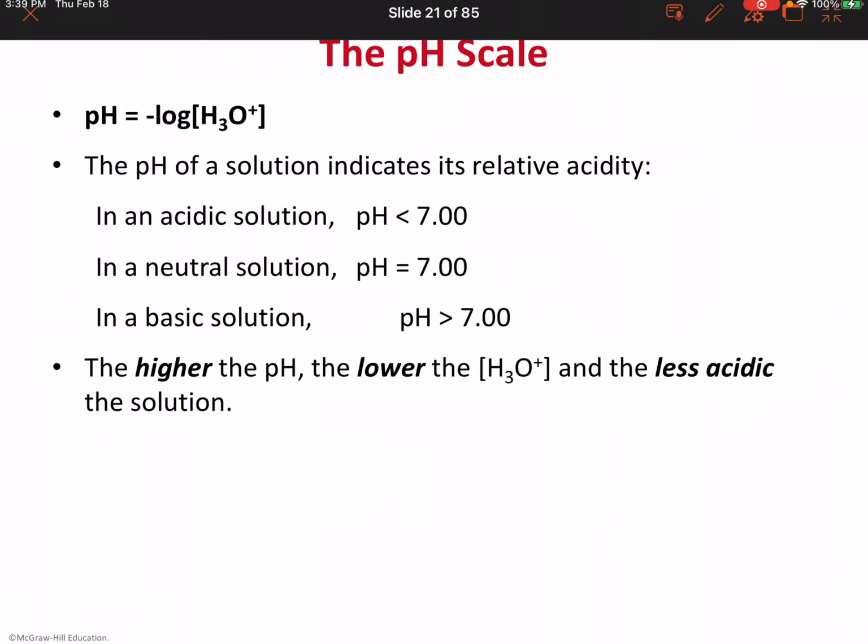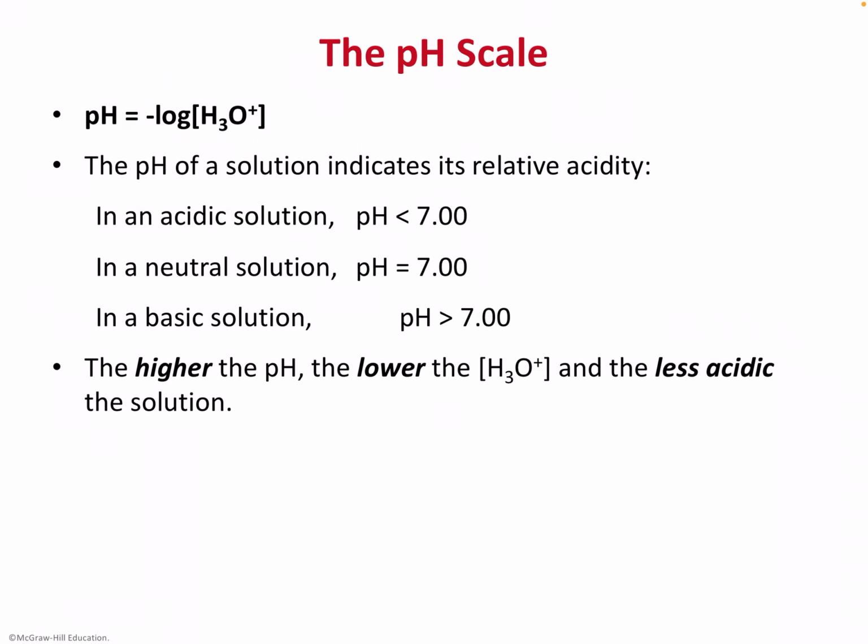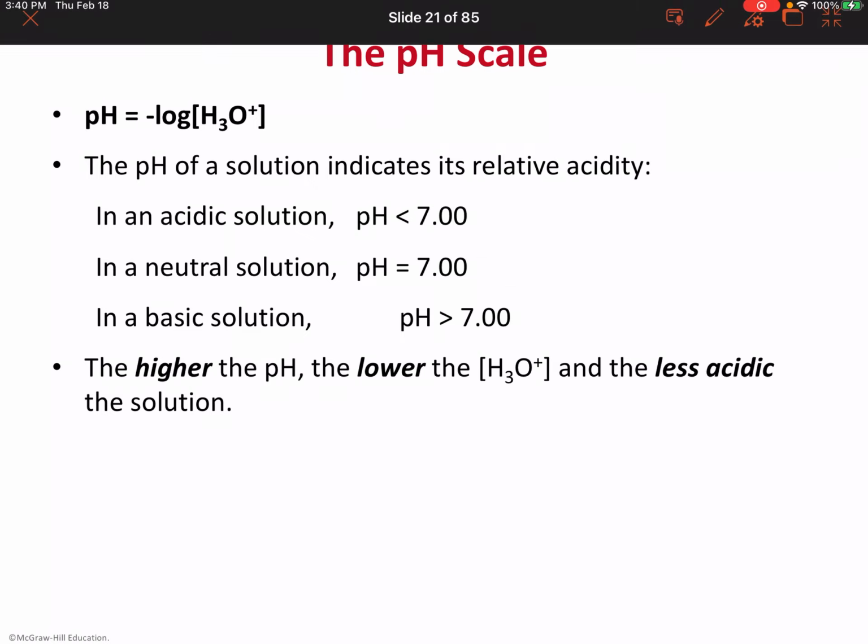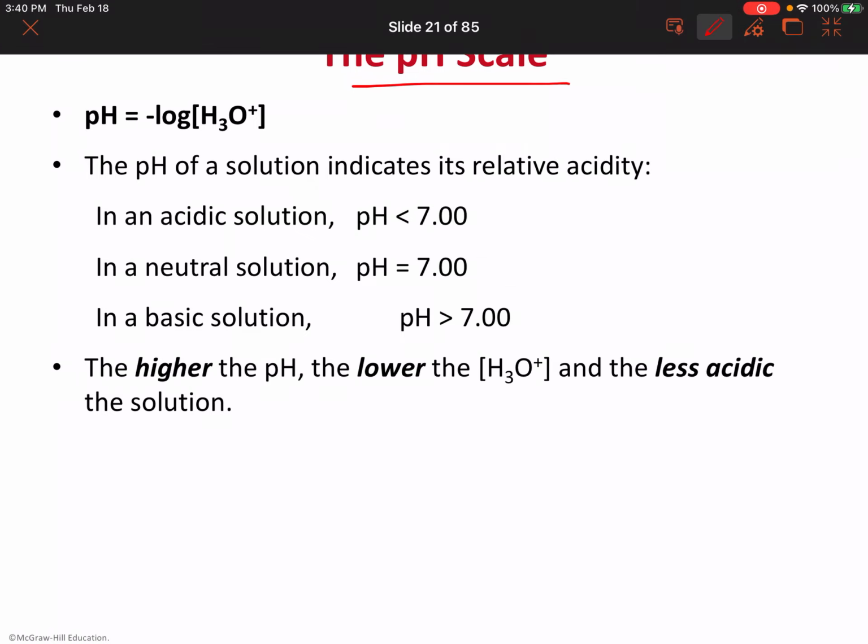Okay. The pH scale. Now that we know how to find the concentrations, a better way that we can represent the amount of hydronium ion or the hydroxide ion is the concept of pH, the pH scale. pH basically is the log of your hydronium ion concentration.